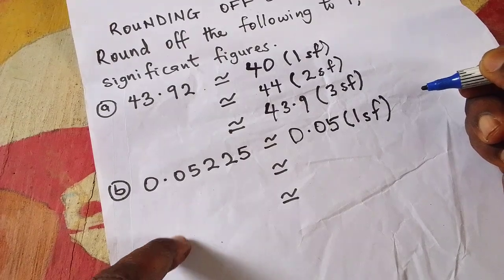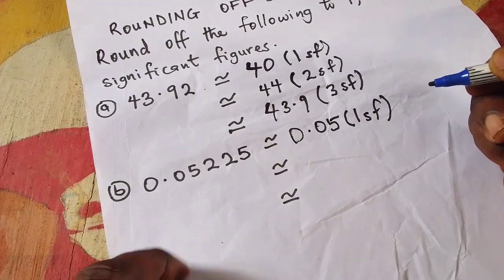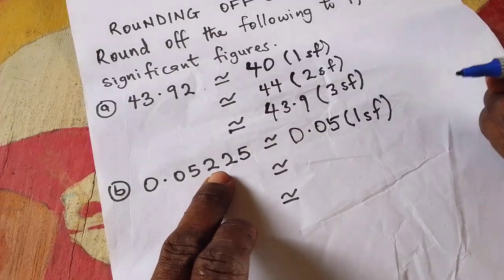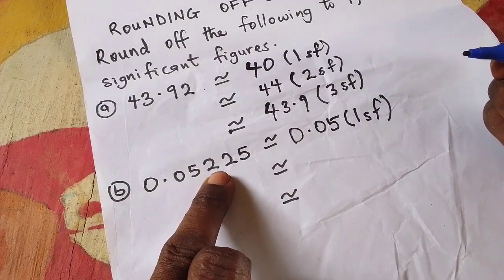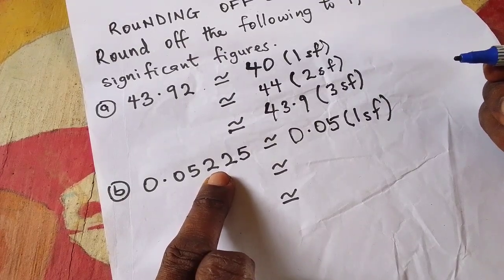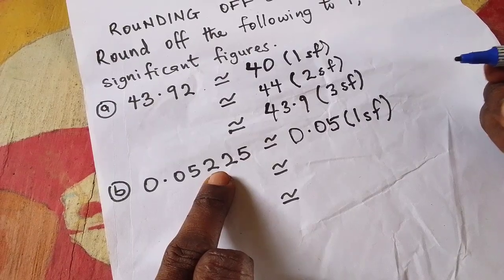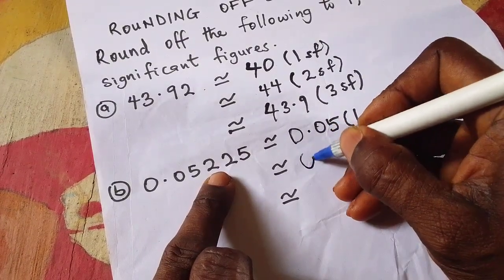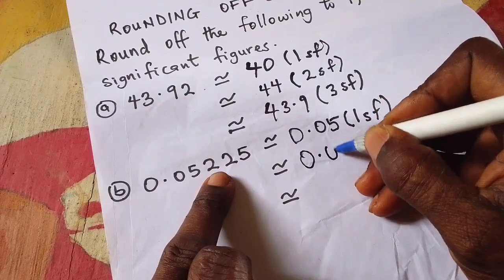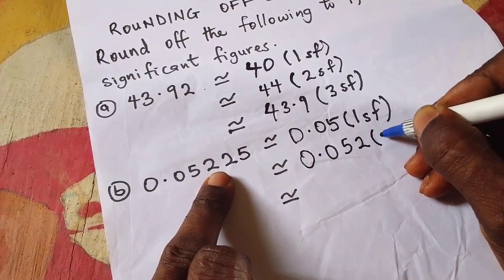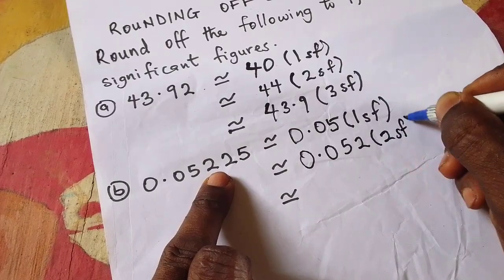Now if you are to do this to 2 significant figures, you count 1, 2. The next number is 2. It's not up to 5. So 0.05225 to 2 significant figures will give you 0.052. This is 2 significant figures.